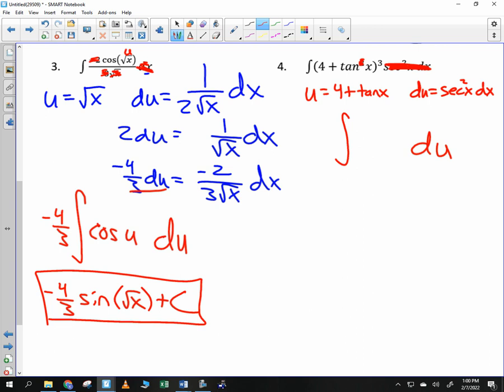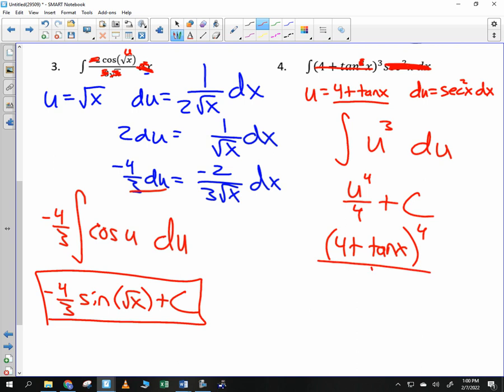Instead of 4 plus tangent, I put u, and the thing that's left over is the cube, so it's u to the third. Antiderivative of u to the third plus a constant. So I have to substitute back in for u, so I have 4 plus tangent of x to the 4th power over 4 plus constant.